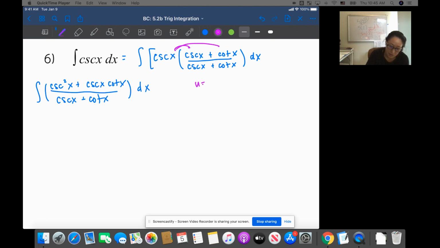Make my u substitution. I'm going to try the denominator since it seems like we're really good at taking the integral of 1 over u. So let's see if we replace out the denominator with cosecant x plus cotangent x. And I remember I also used the pst to help me with cosecant and cotangent derivatives.